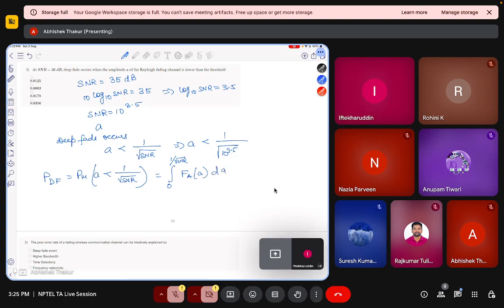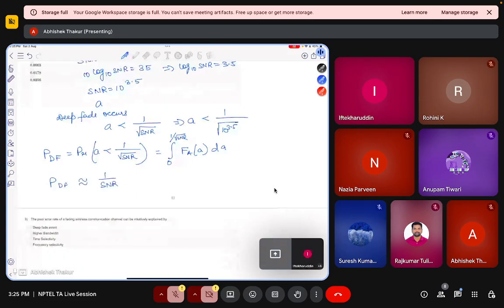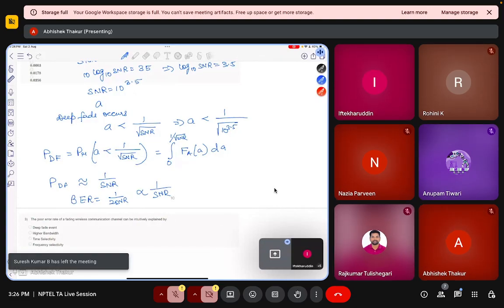So the probability of deep fade is nearly equal to, as derived in the lecture, 1 by SNR, and bit error rate is equal to 1 by 2 SNR. So this is directly proportional to 1 by SNR, or inversely proportional to SNR. So this is equal to probability of deep fade.